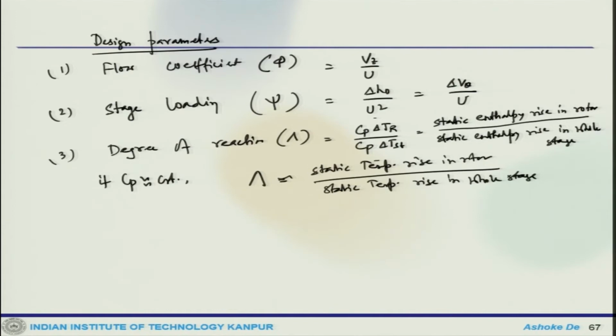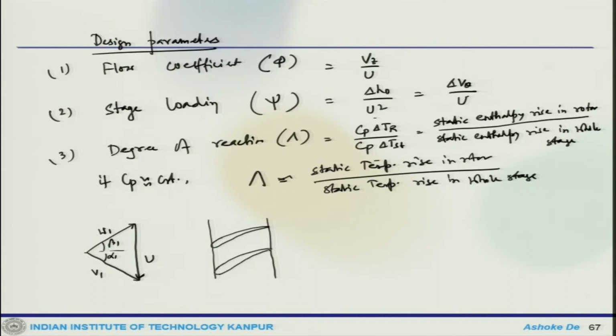If you consider a blade stage, this is how the velocity triangle would look like. That is u, beta 1, alpha 1, V 1, W 1, and these are my blade rows. Let us say that is a rotor, then there is the velocity triangle.